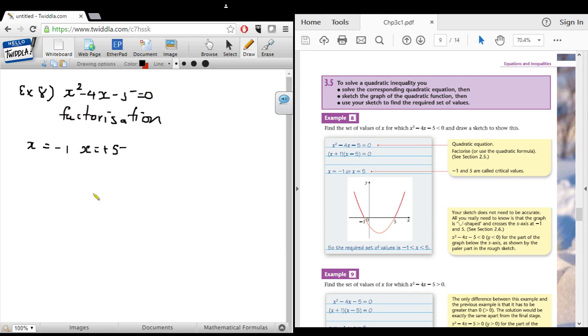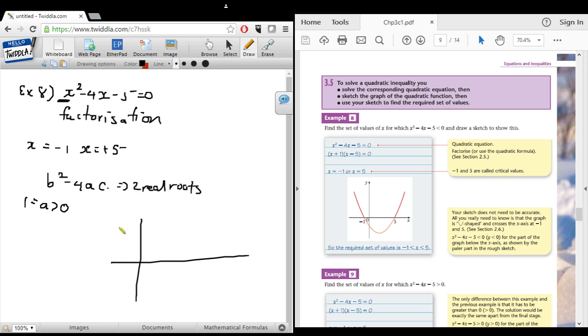You work out the discriminant, and you know that a here is greater than 0, it's 1. You've worked out what b squared minus 4ac is, and so you know that it gives you 2 real roots, and therefore when you draw it out you'll have something that looks like this.